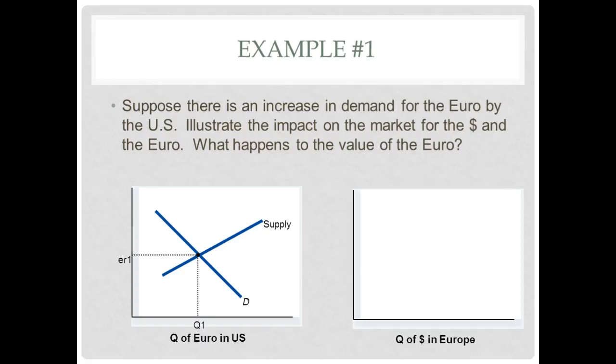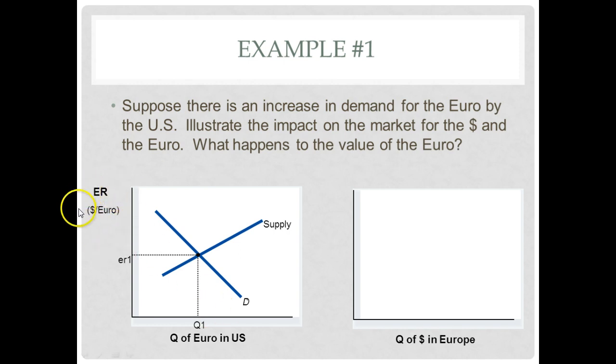Let's start with the market for the euro. On the left, we have the quantity of euros in the US, or the market for euros. Now, what is the price of a euro? The price of a euro is, in this instance, the number of dollars that you get for 1 euro. And that's what we marked here on the y-axis.